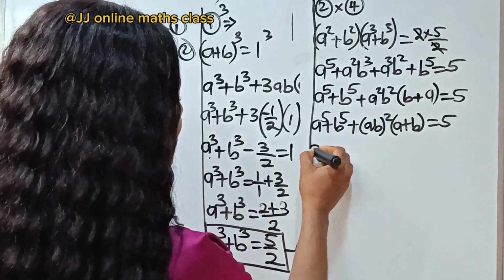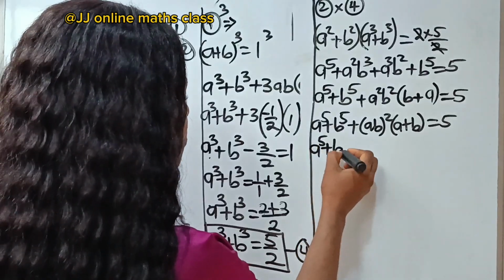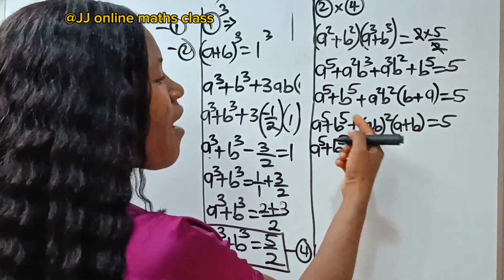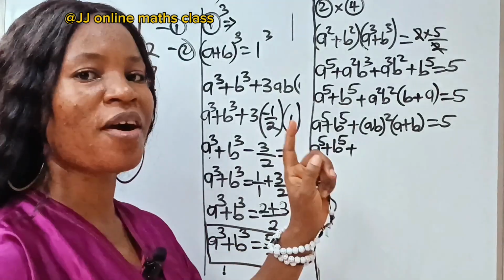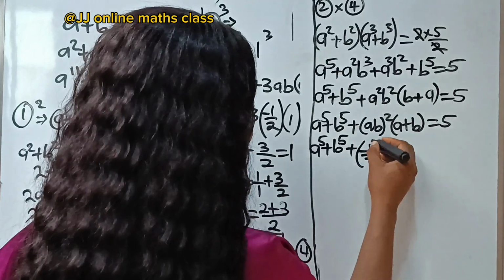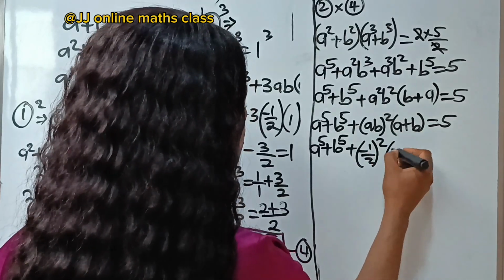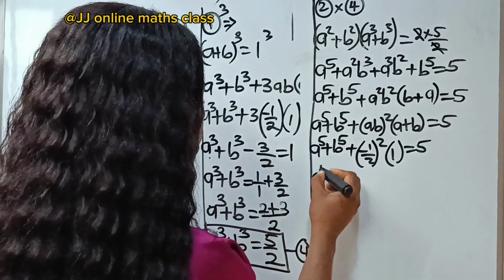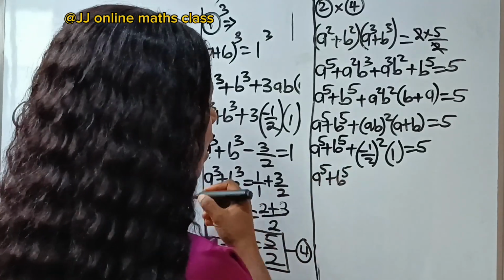Alright, so we have a to the power of 5 plus b to the power of 5 plus, recall our lovely ab, we got it as minus 1 over 2. So it's minus 1 over 2 squared, and a plus b is 1, is equal to 5. So we have a to the power of 5 plus b to the power of 5.